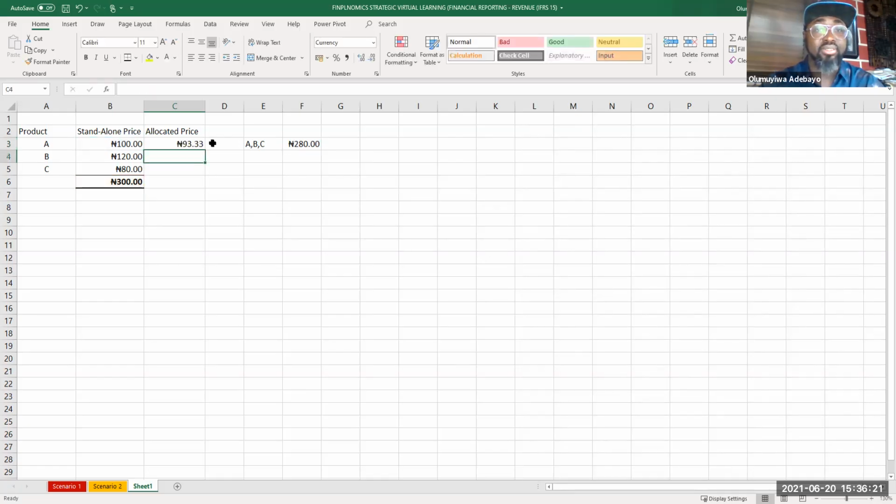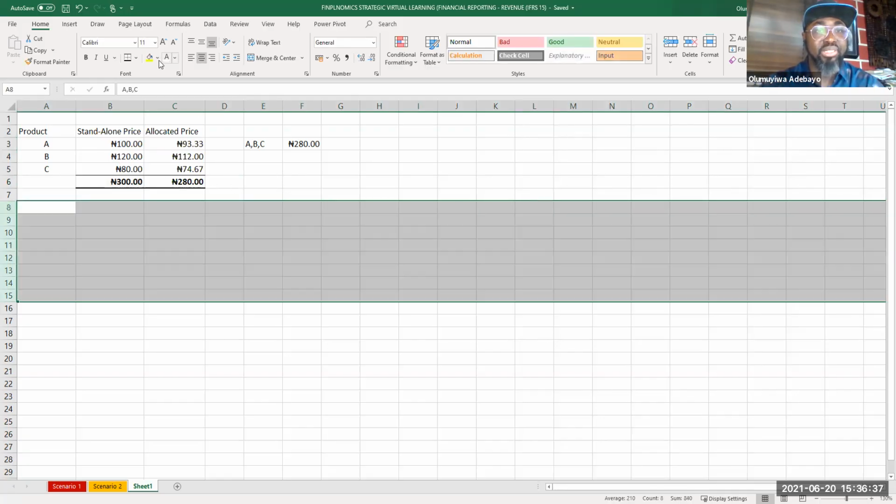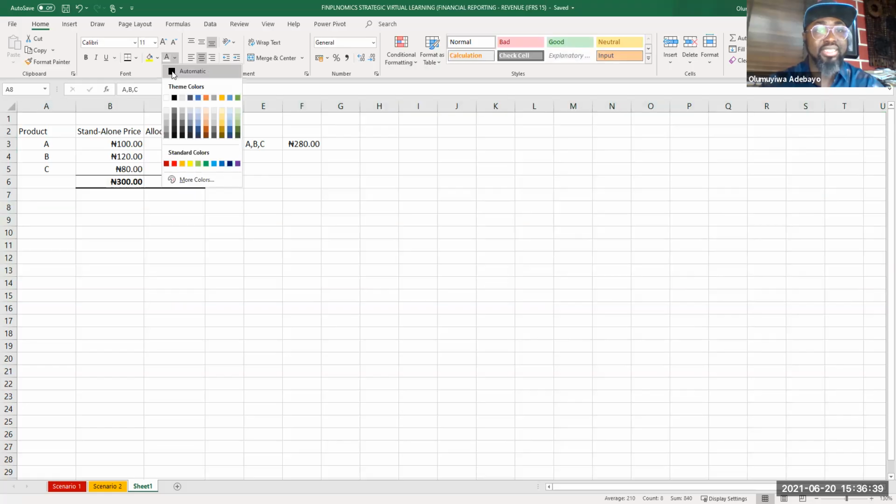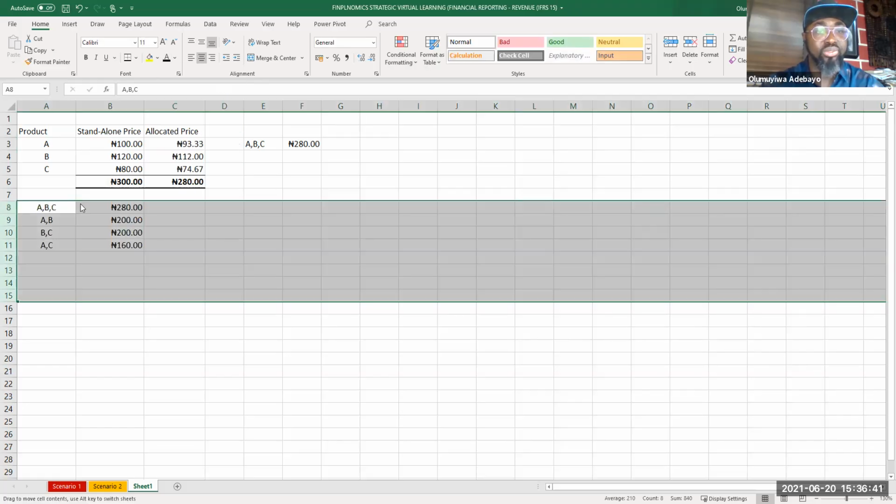On that basis, this is what the standalone price basis of apportionment or allocation is. But this will not be the case if you are aware of this information, that there are different bundles.